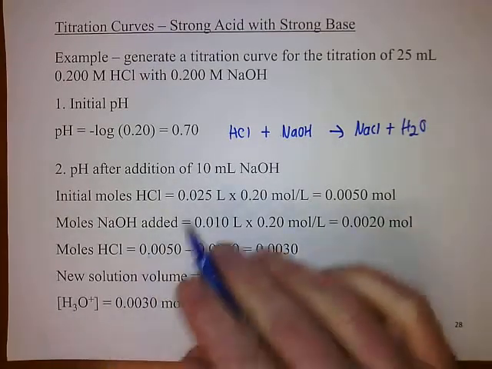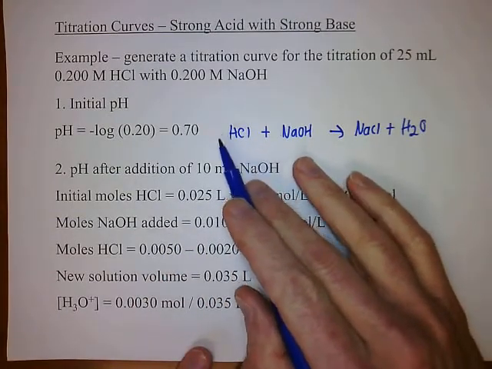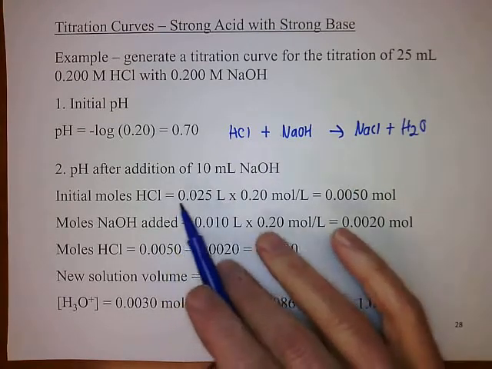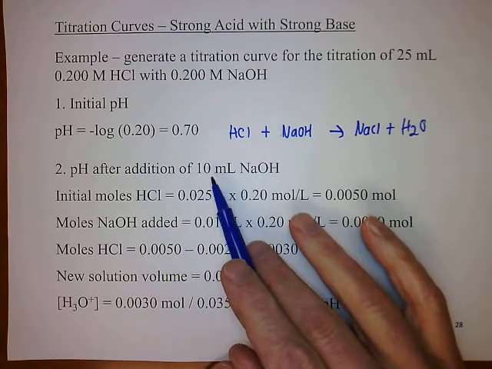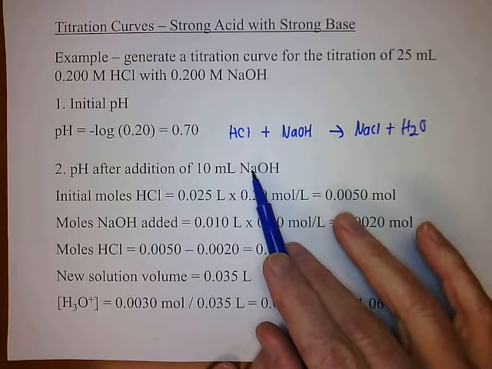So basically, as we do the reaction, the HCl concentration is going to go down. So what's going to be the pH after the addition of 10 mL of the sodium hydroxide solution?